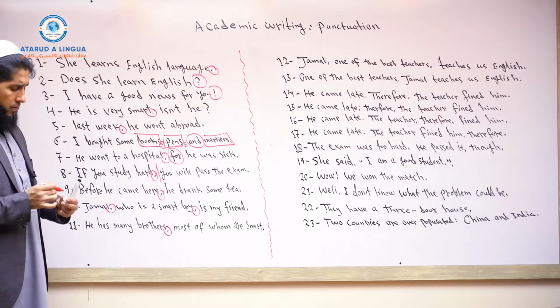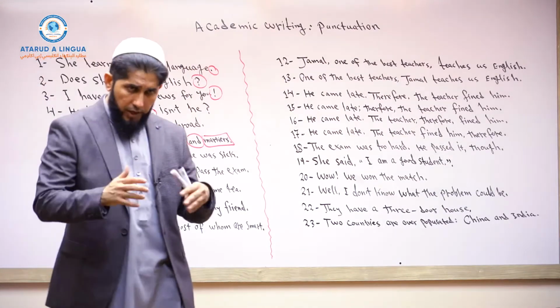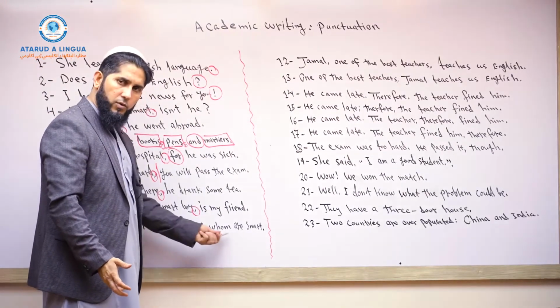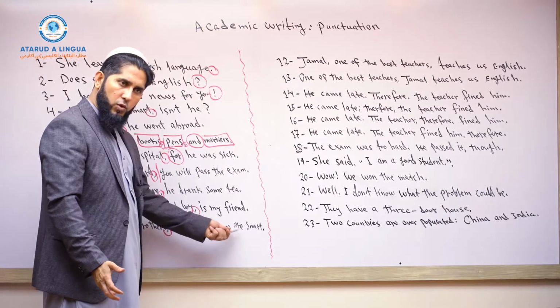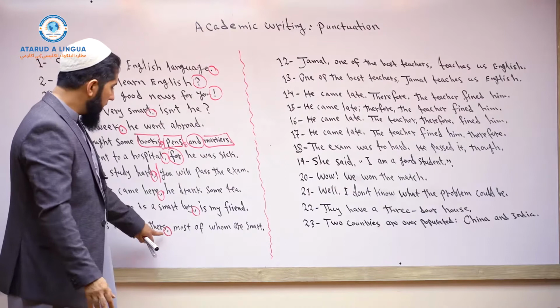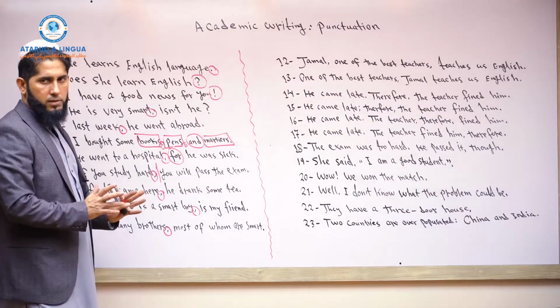If you have adjectives of quantity in your adjective clauses, like here, most of whom, a lot of whom, some of whom, many of whom, okay, or most of which, or a lot of which, you need a comma before your adjective clause, okay, in a complex sentence.